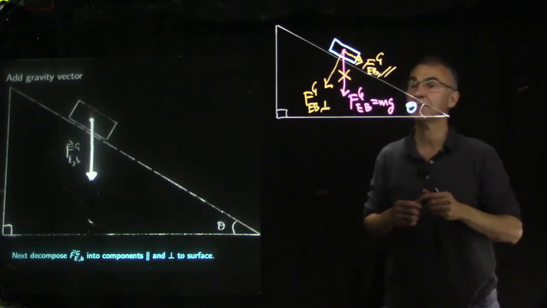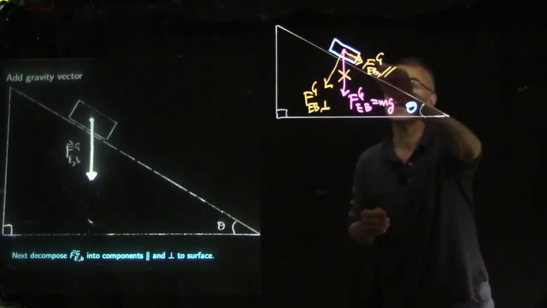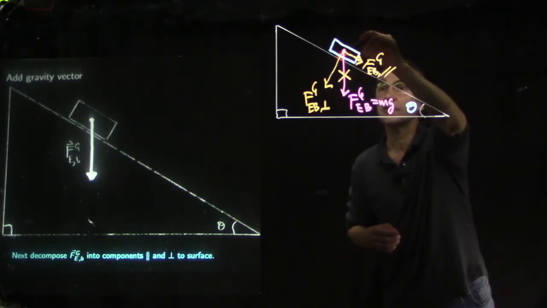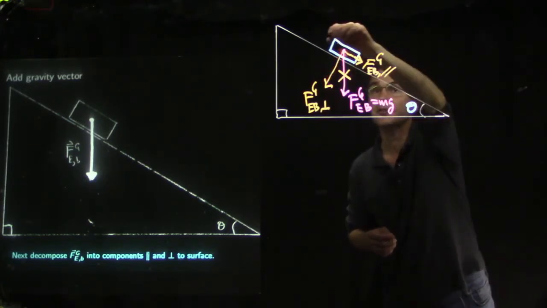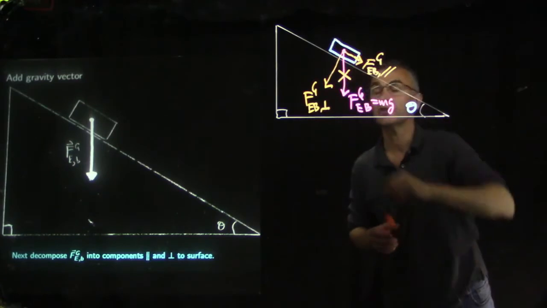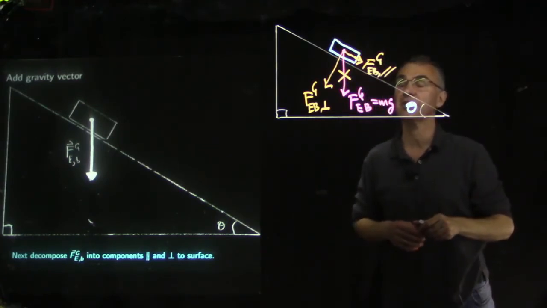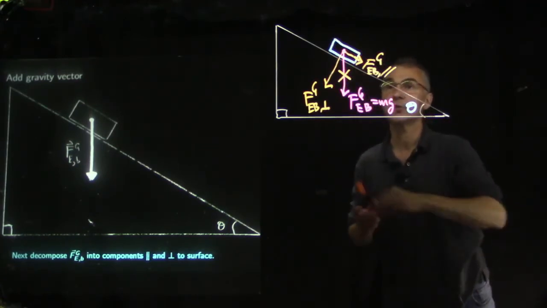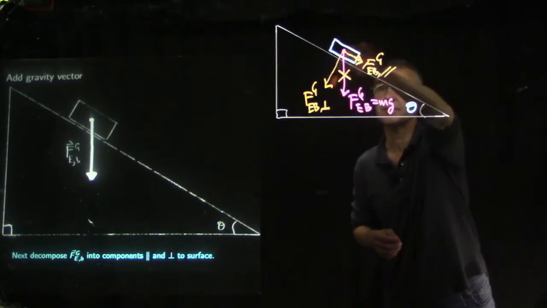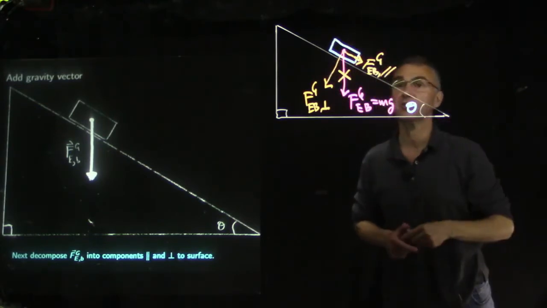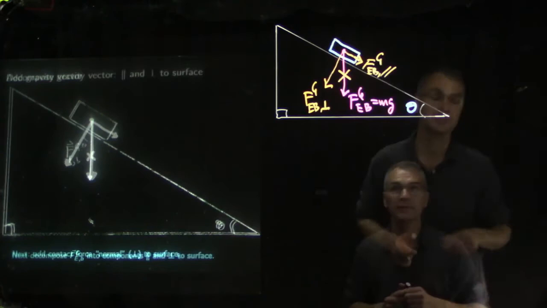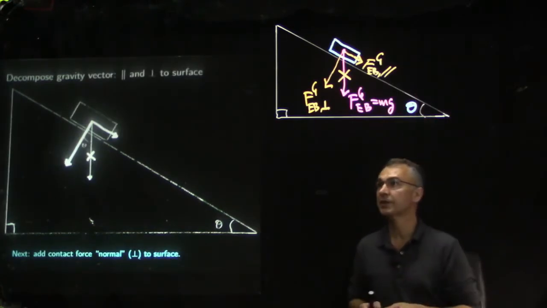That's pretty tricky, but you see, if you took this orange arrow and you added this orange arrow to it, you would get the original magenta arrow. So we've decomposed gravity into a component that points downhill and a component that points perpendicular to the surface of the hill.